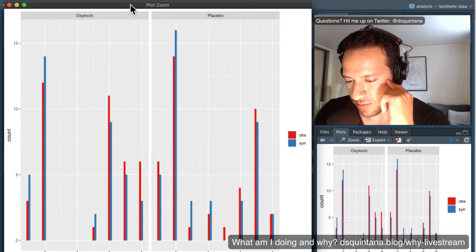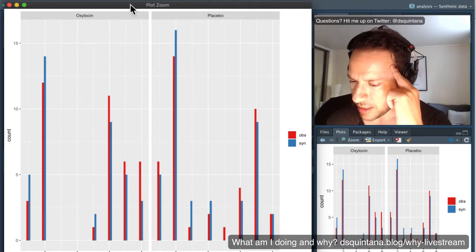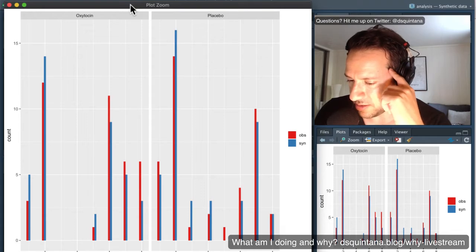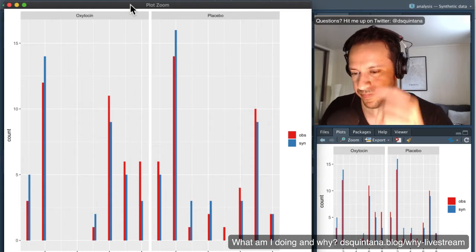You would expect the levels of self-reported religious affiliation to be equally distributed between the oxytocin and placebo conditions, because these conditions were randomized, so there's no reason to believe these would be different. But regardless, it's interesting to see that for the raw counts, the observed red and the synthesized blue seem to be quite similar.